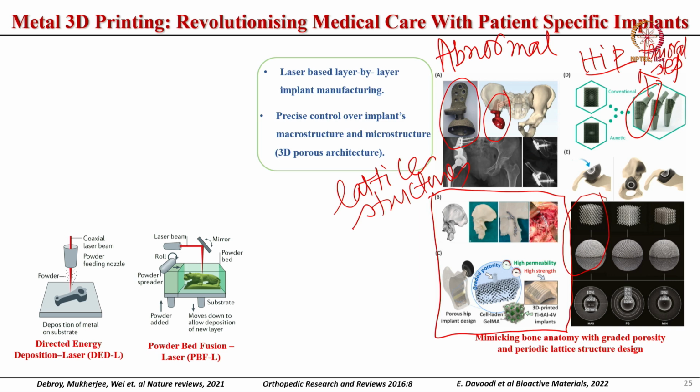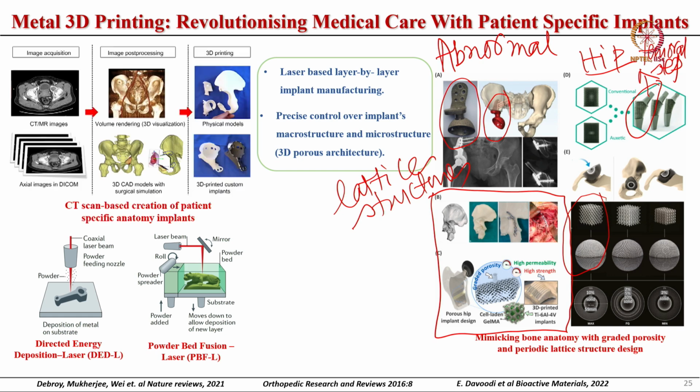Just to give you more examples, like directed energy deposition, as I will show you again in the subsequent slides, and powder bed fusion processes, in both the cases a laser beam is used, and these are mostly used for metal 3D printing applications. This left hand panel essentially gives you a broad overview of how it is done. So, you start with the CT scan data of a patient, then you use different computational platforms.